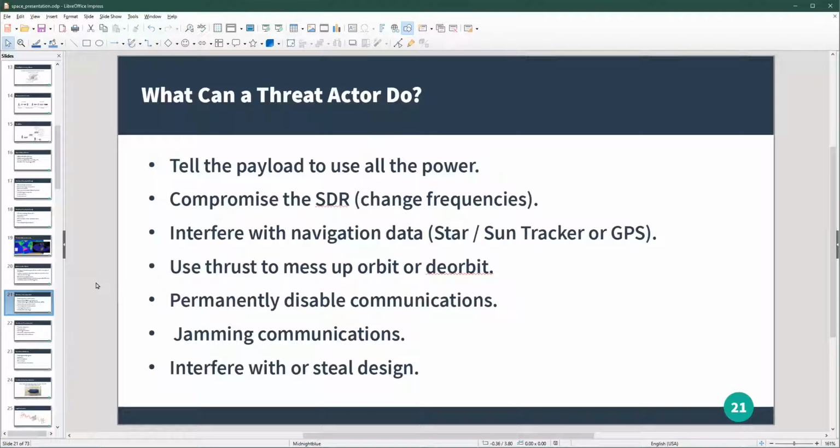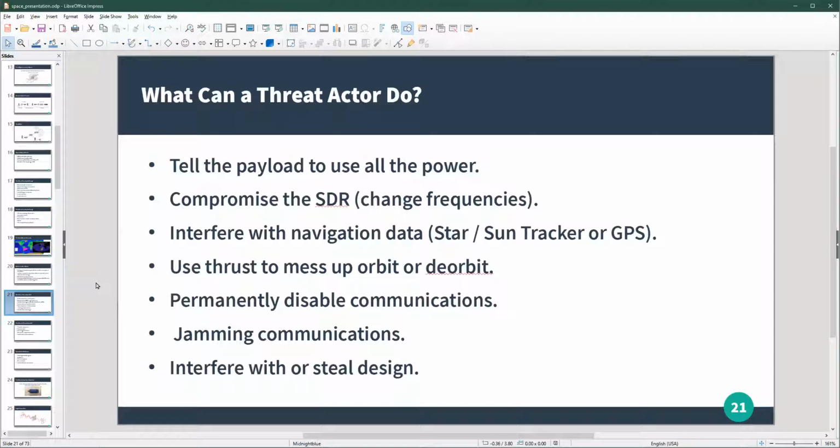You can of course compromise the software-defined radio, change frequencies, that kind of stuff. You can interfere with the navigation data. The way that satellites in space know where they are is through star trackers, which is exactly what it sounds like. It just looks at the positions of the brightest stars and figures out where it is. It can also figure out where it is based on the sun.